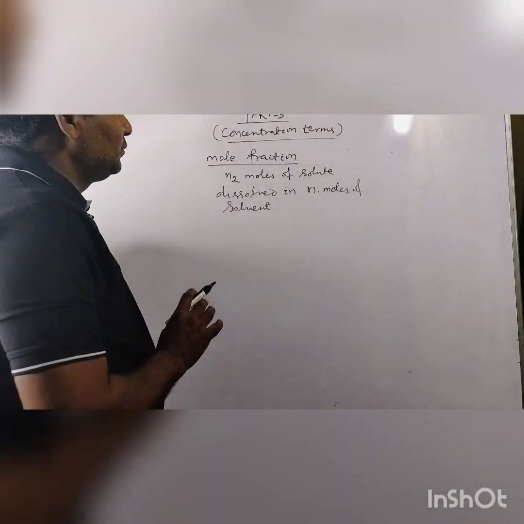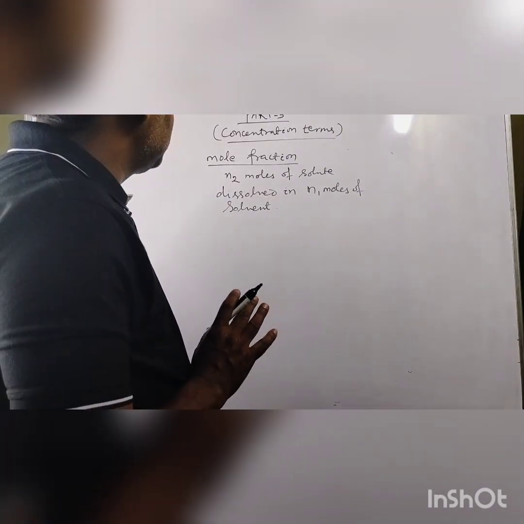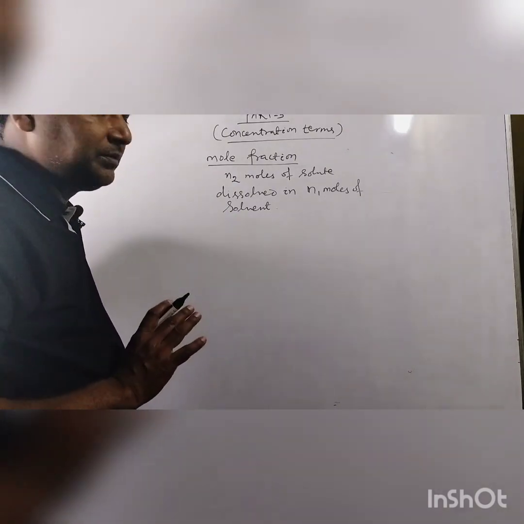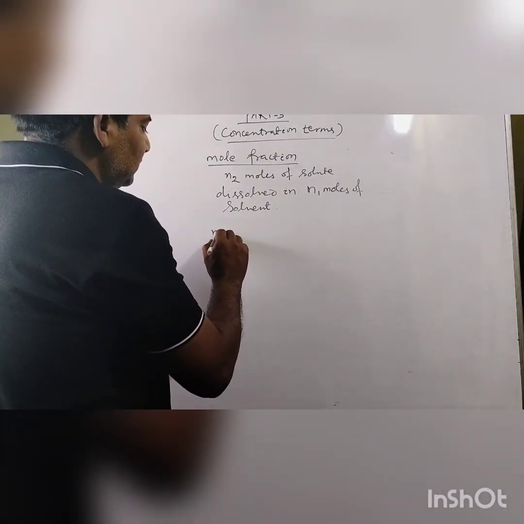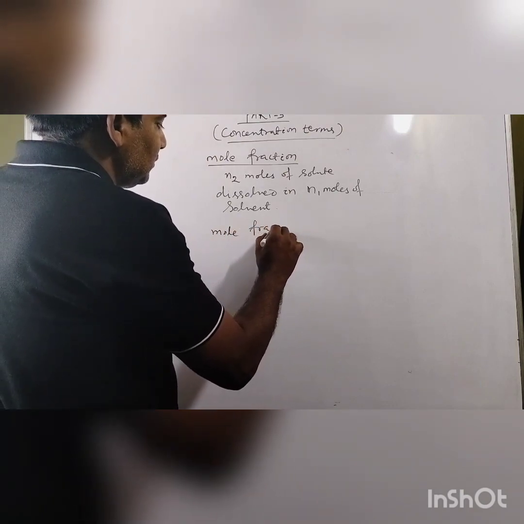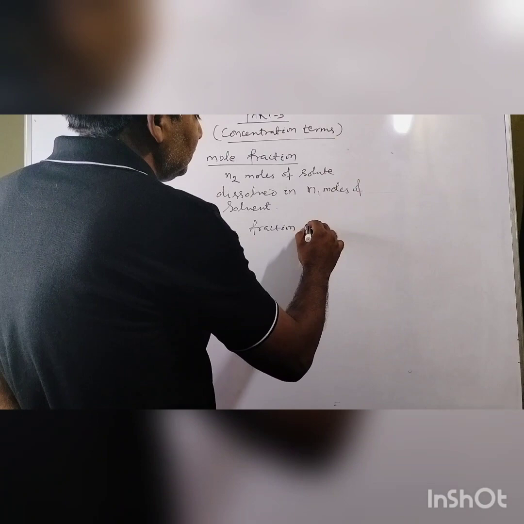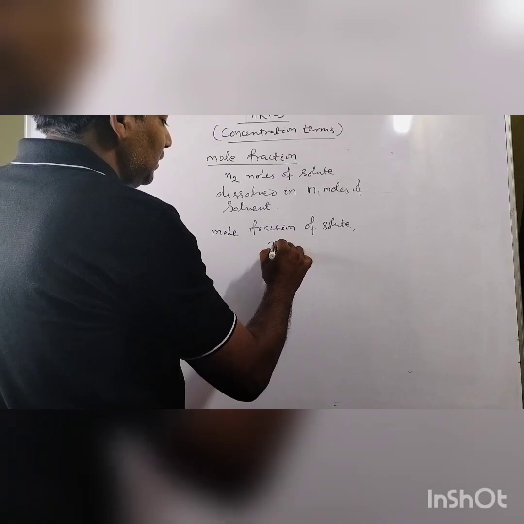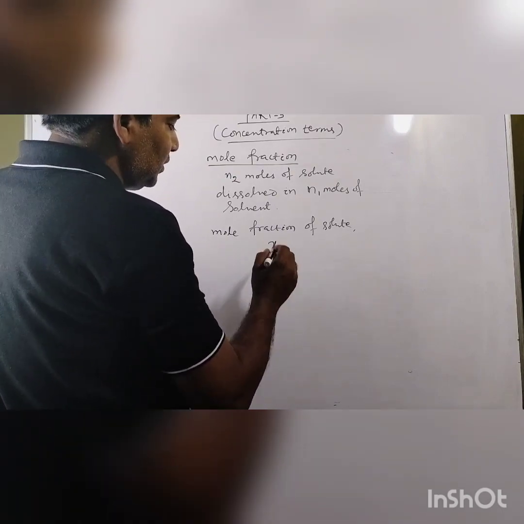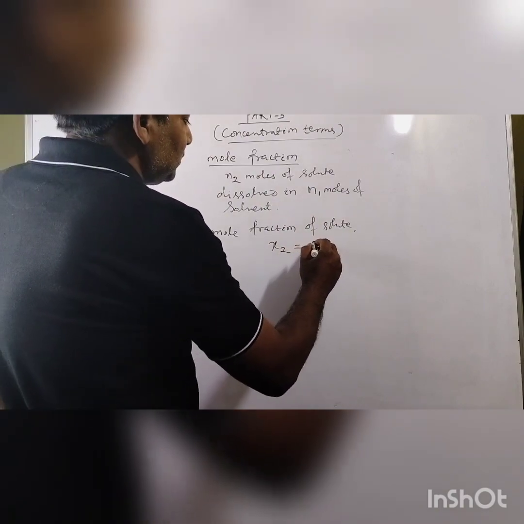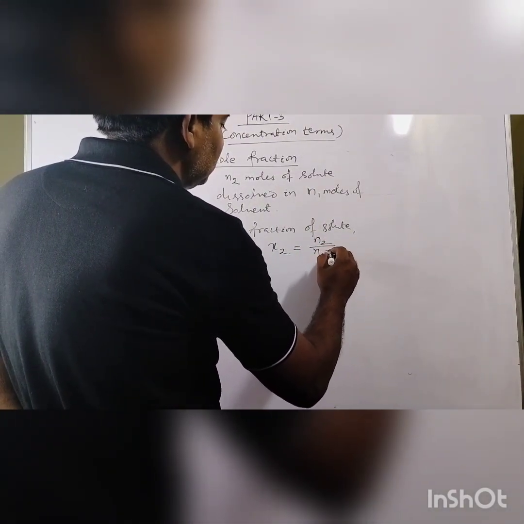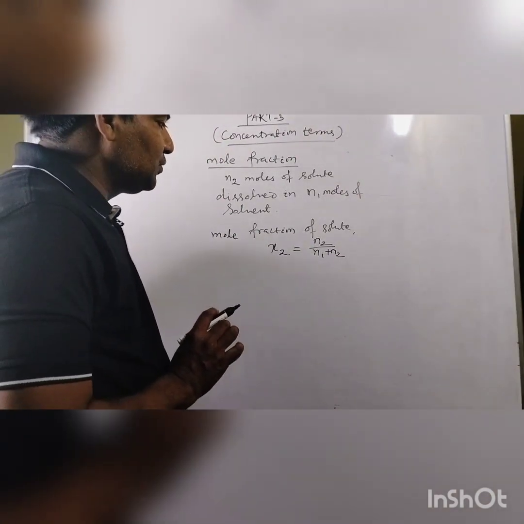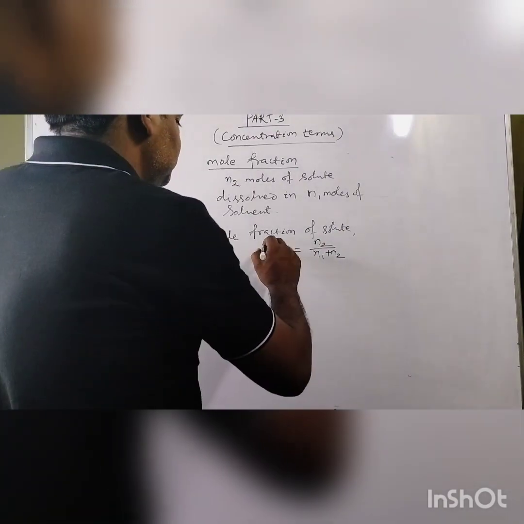So suppose we have prepared a solution which contains N2 moles of solute dissolved in N1 moles of solvent. So mole fraction of solute is given by x2, is equal to N2 by N1 plus N2.